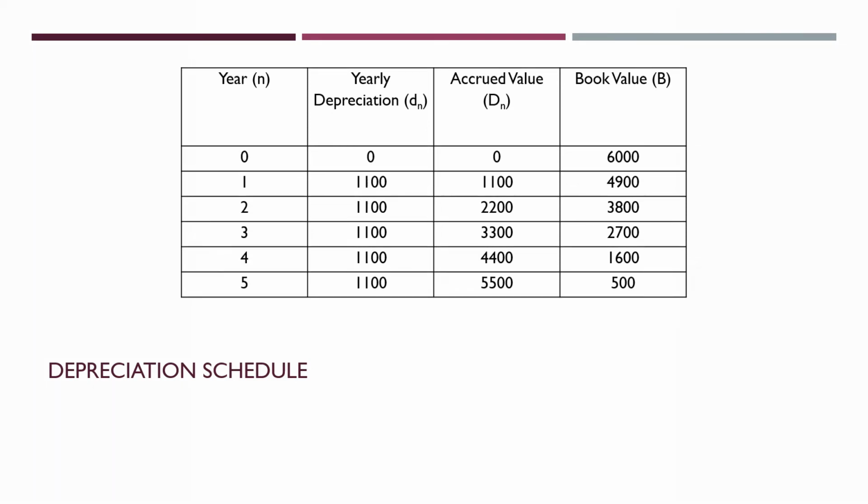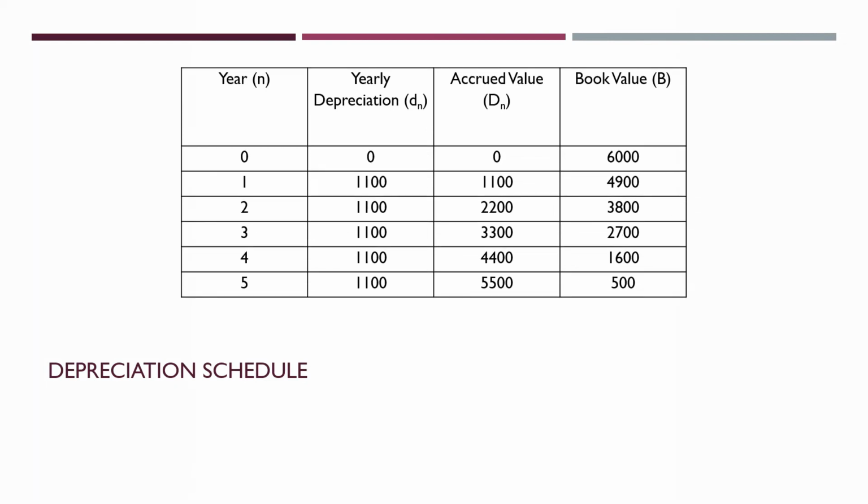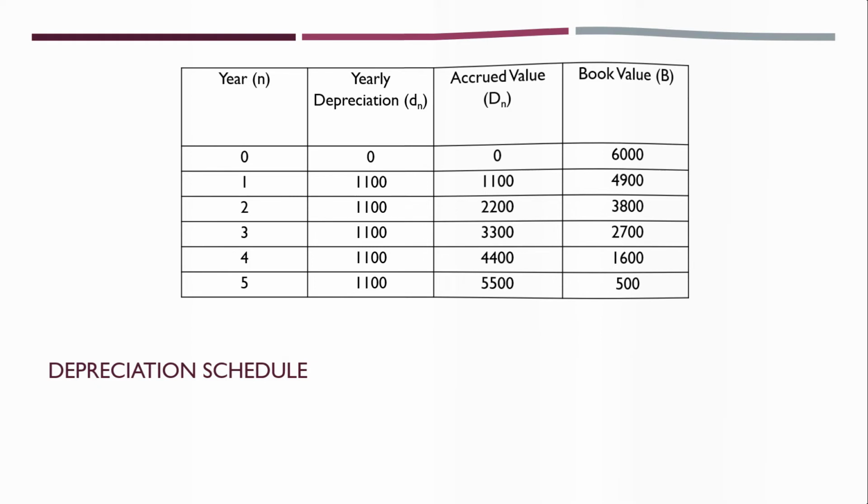Hence, 1,100 plus 1,100 is equal to 2,200, which is the accrued value. So, 6,000 minus 2,200, we have now 3,800. The same thing happens until the 5th year. Hence, the book value is now 500 pesos.